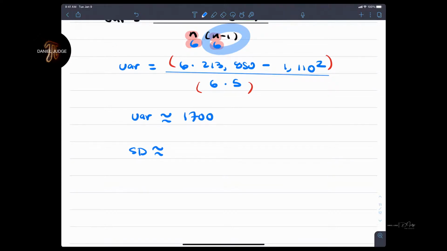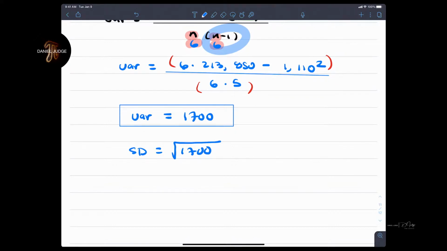All right, so there's our variance, and it's a whole number, so we put 1,700. Now remember, to get the standard deviation, we're going to take the square root of the variance. So I'm going to put equals because that's a whole number now. In fact, we didn't approximate this, so we're going to say this equals. So that's nice.